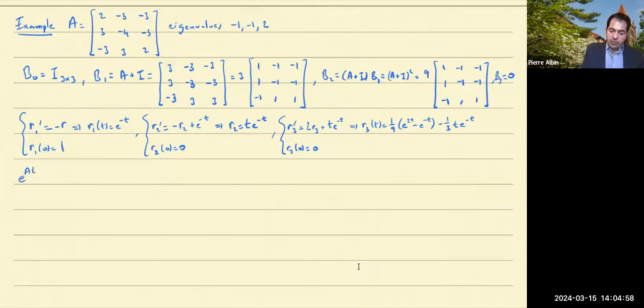Okay, so then the exponential is R1 B0 plus R2 B1 plus R3 B2. So it's e to the minus t times the identity plus t e to the minus t times B1 plus this whole thing, 1/9 (e to the 2t minus e to the minus t) minus 1/3 t e to the minus t, times B2.